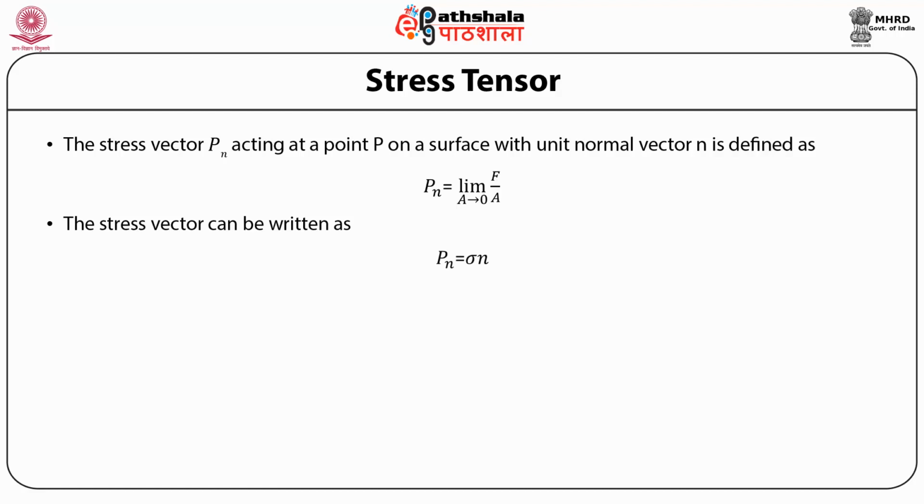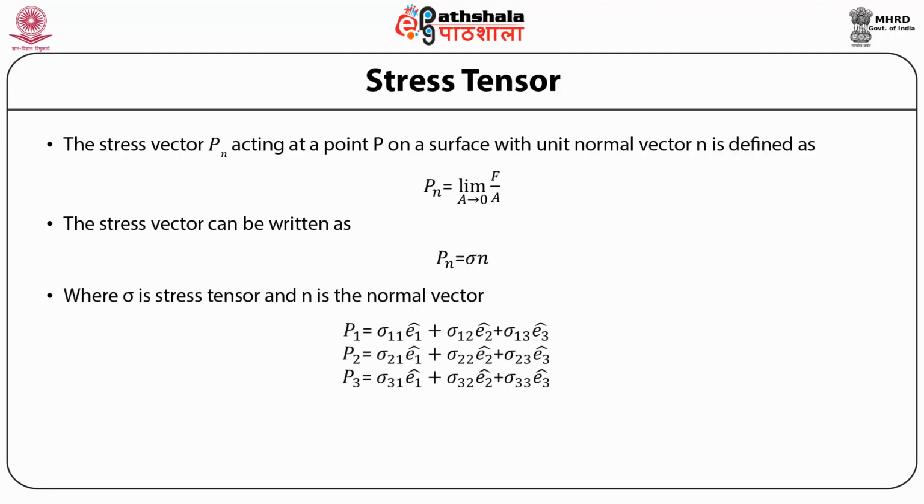The stress vector can be written as Pn equal to sigma n, where sigma is the stress tensor and n is the normal vector. By expanding the above equation we get P1 equal to sigma 11 E1 cap plus sigma 12 E2 cap plus sigma 13 E3 cap.